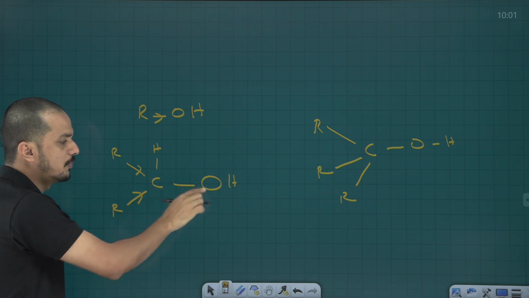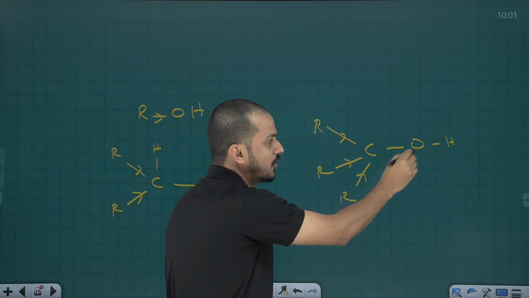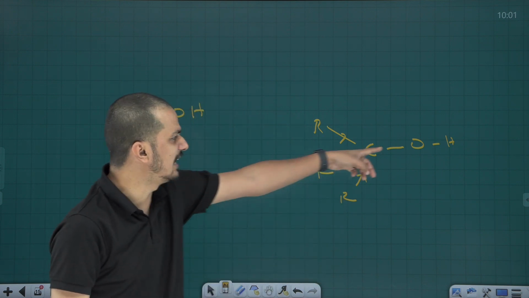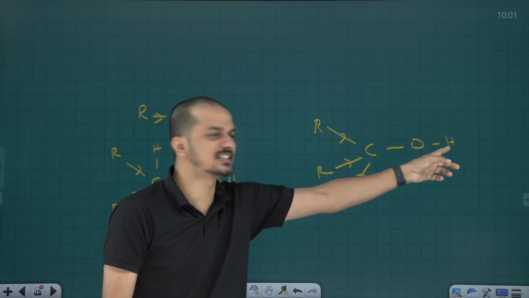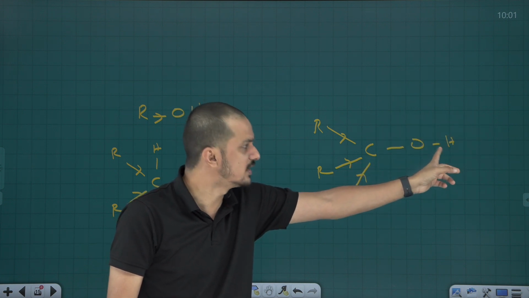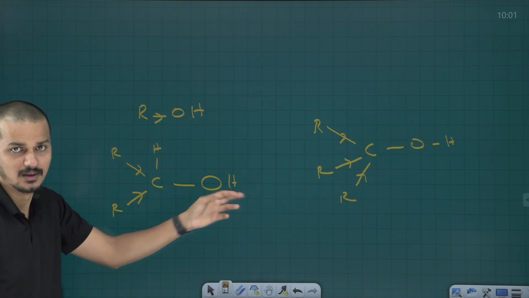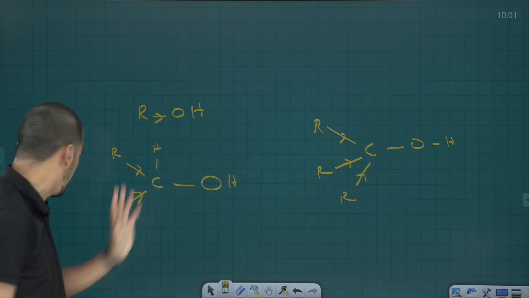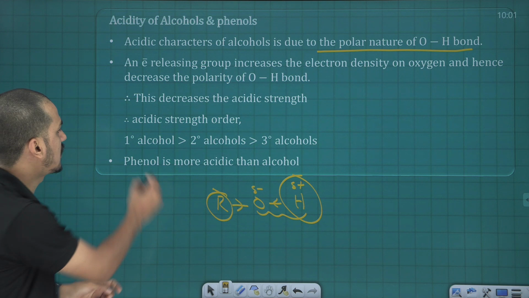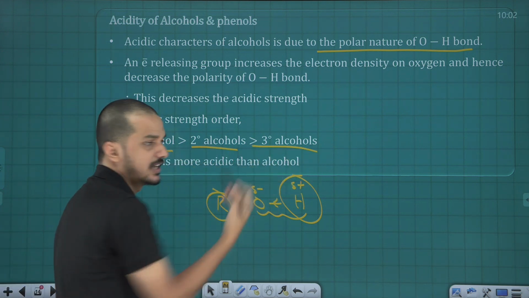Here 2 alkyl groups are donating electrons to oxygen. Here 3 alkyl groups are donating electrons to oxygen. So in this case, this OH bond is very less polar, and this H is not removable easily. More than that, the H plus we can take easily from the primary one. That's why primary alcohols are more acidic than secondary alcohols, than tertiary alcohols.